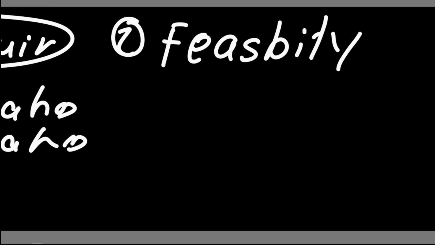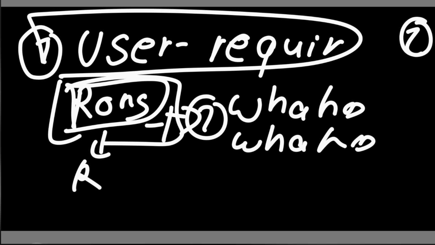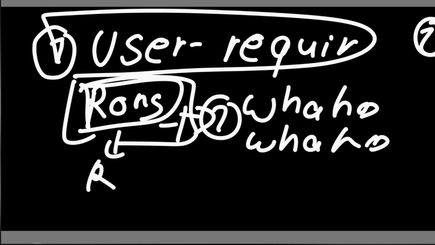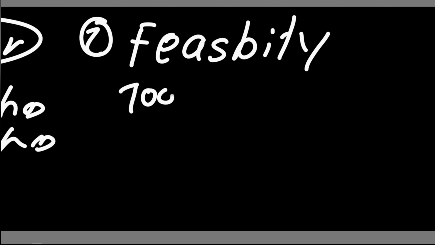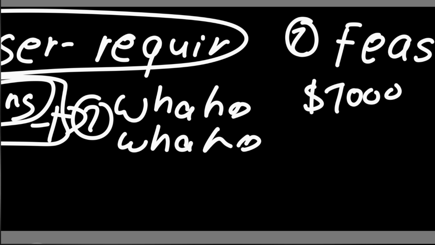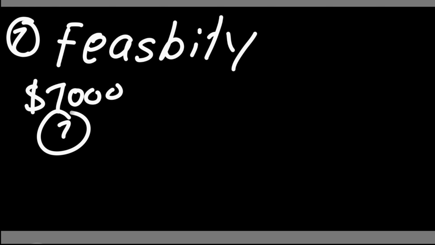So, as Ron has told us that he wants to build an app where customers can order stuff and leave a review, and we have a budget of $1,000, we as programmers have to see whether, with the given budget and time, we can do what he wants.